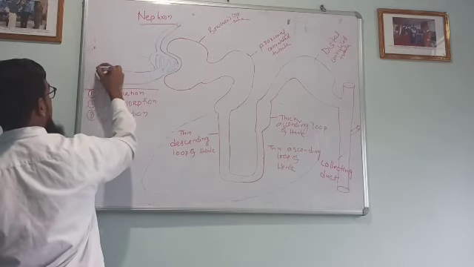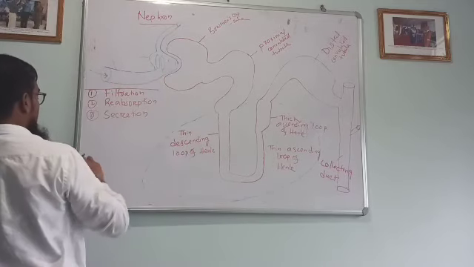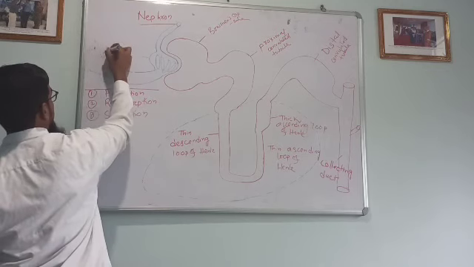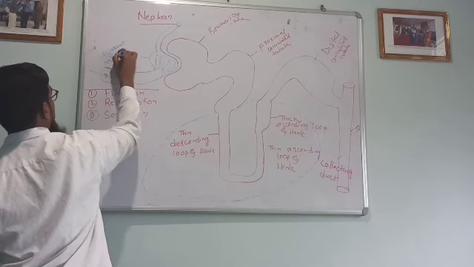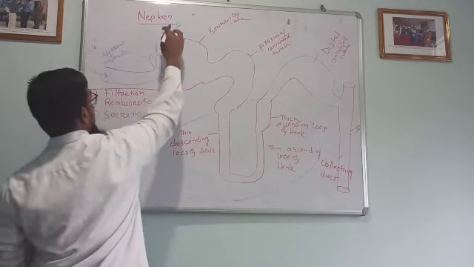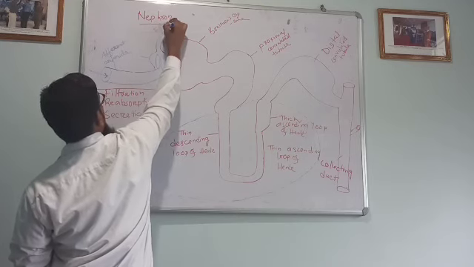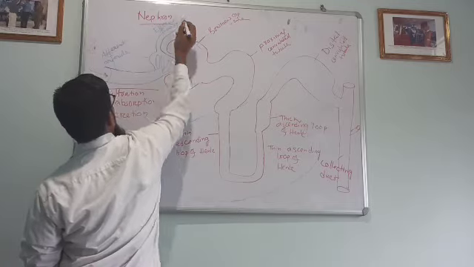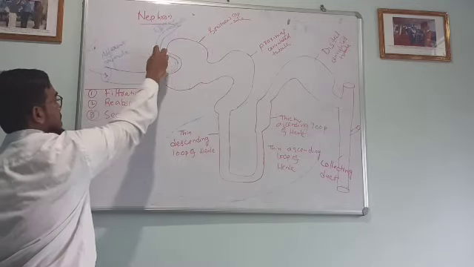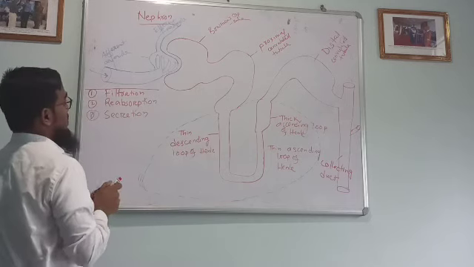This one, which brings the blood to the Bowman's capsule, is called the afferent arteriole, and this one is called the efferent arteriole. And these are capillaries through which the filtration will take place.